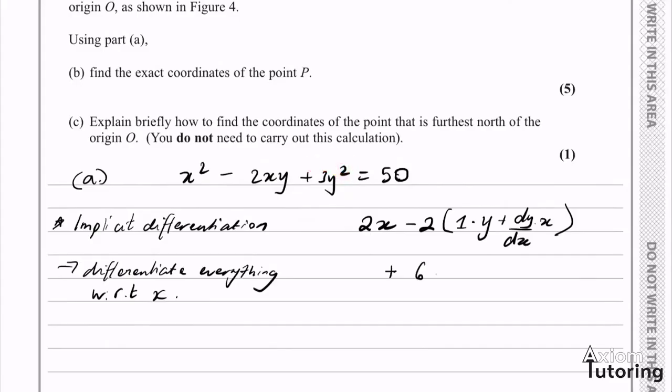So we get 6y. But then we need to use the chain rule and also differentiate our y with respect to x. That's just going to be dy over dx, which is what we want ultimately. Equals, if we differentiate the constant term, it disappears, so that just equals 0.